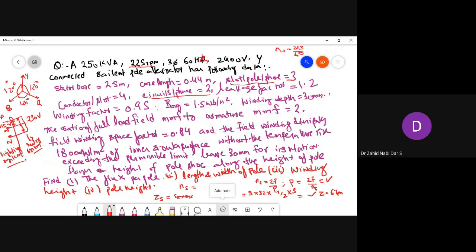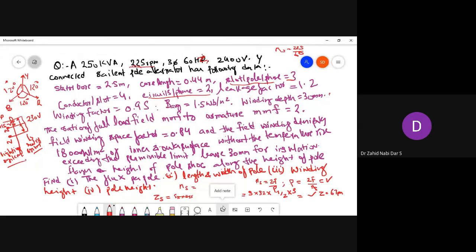Then you substitute into E = 4.44 f Φ T Kw divided by the parallel paths, put the value of A over there, and you get the value of flux.